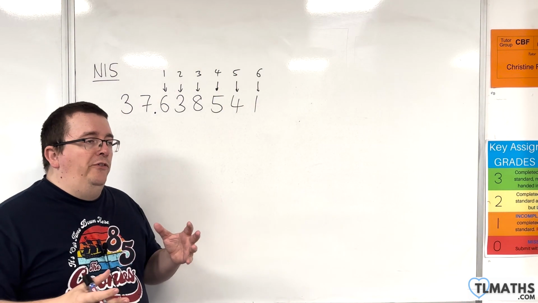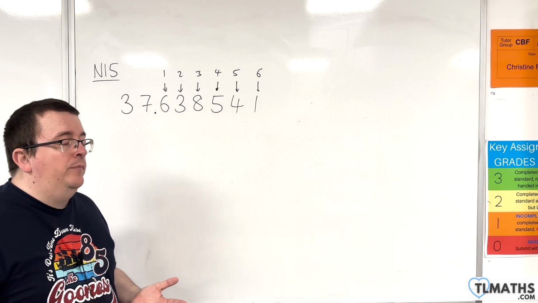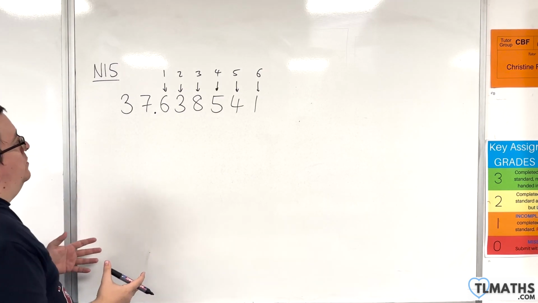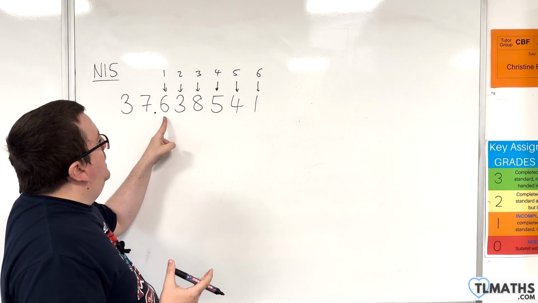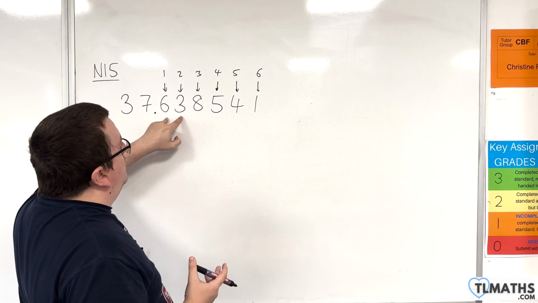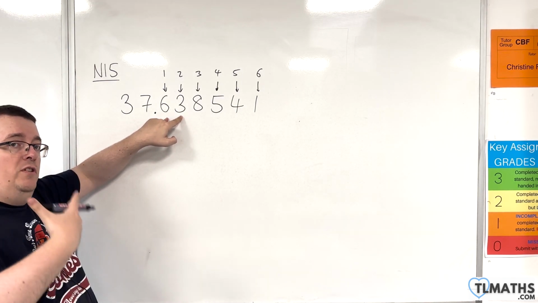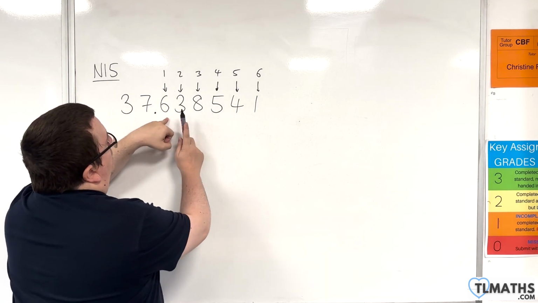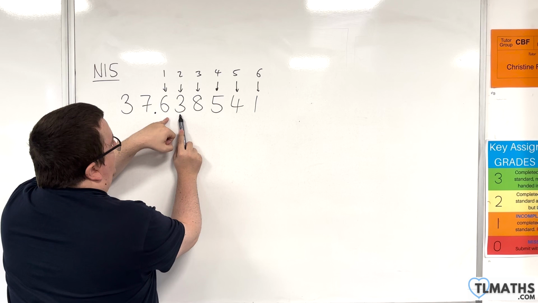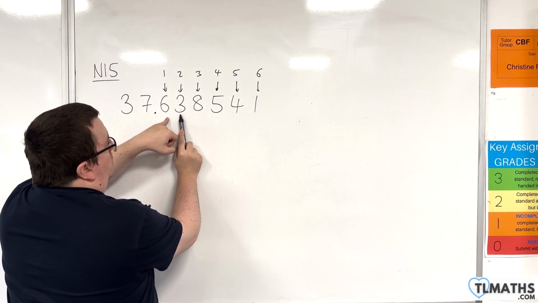So if I wanted to round this to one decimal place, then what we do is we look for the first decimal place, and then we look at the number to the right of it, just as we've done for the nearest whole number, nearest 100, 1,000, etc. Okay, so you look at the number to the right of the decimal point and go, well, is this 5 or more?